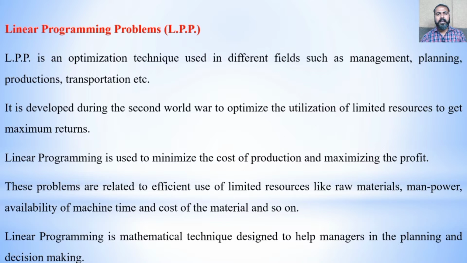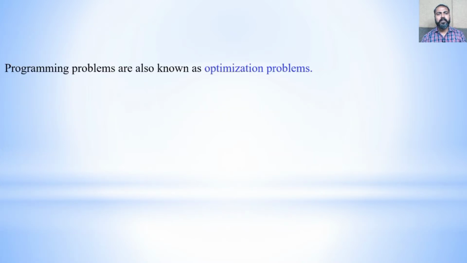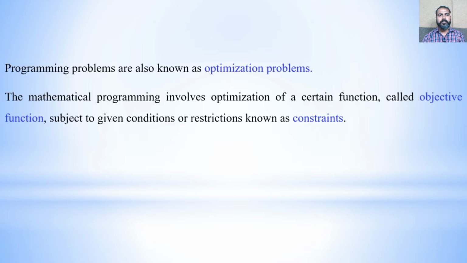Linear programming is a mathematical technique designed to help managers in planning and decision making. Programming problems are also known as optimization problems. The mathematical programming involves optimization of a certain function called the objective function, subject to given conditions or restrictions known as constraints.